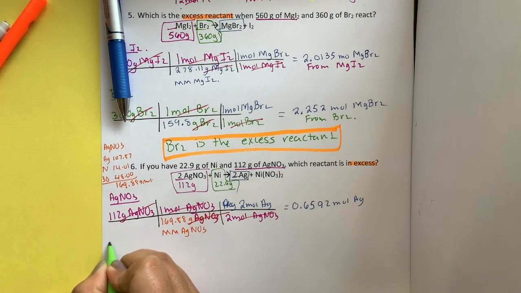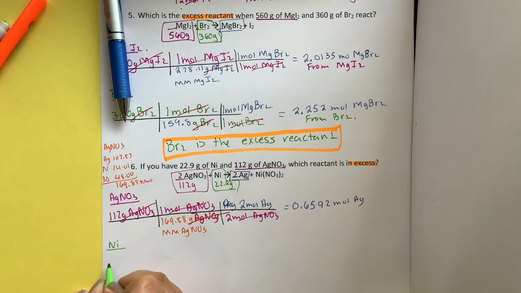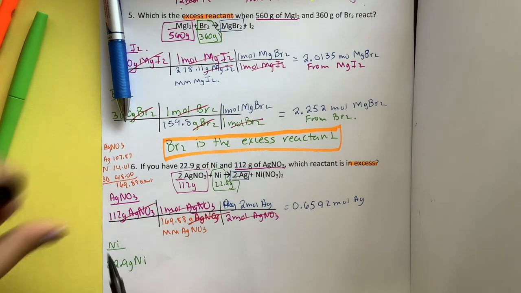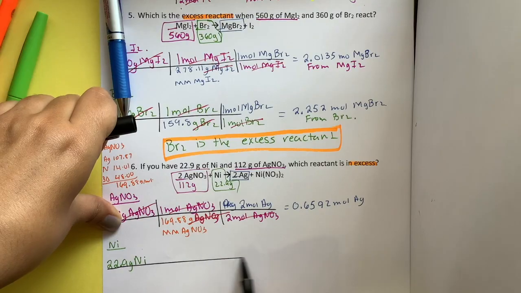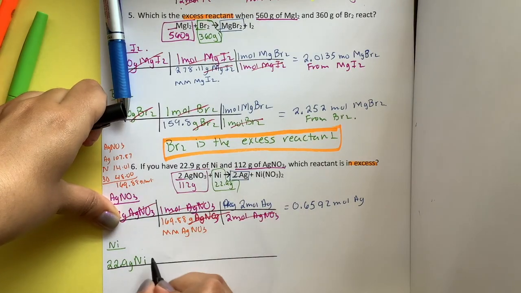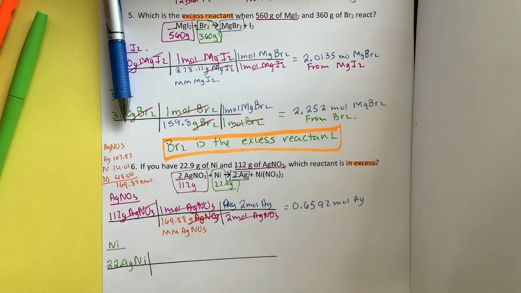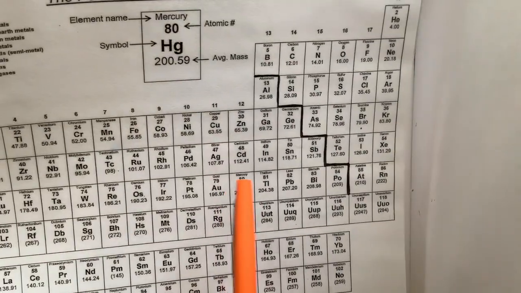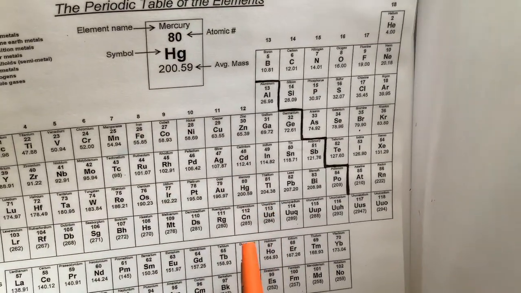So looking at Ni, I started with 22.9 grams of nickel. Now I'm going to do stoichiometry to solve for the same product, silver. Since I am in grams of nickel, I need to use the molar mass of nickel, which is right here somewhere in the periodic table.